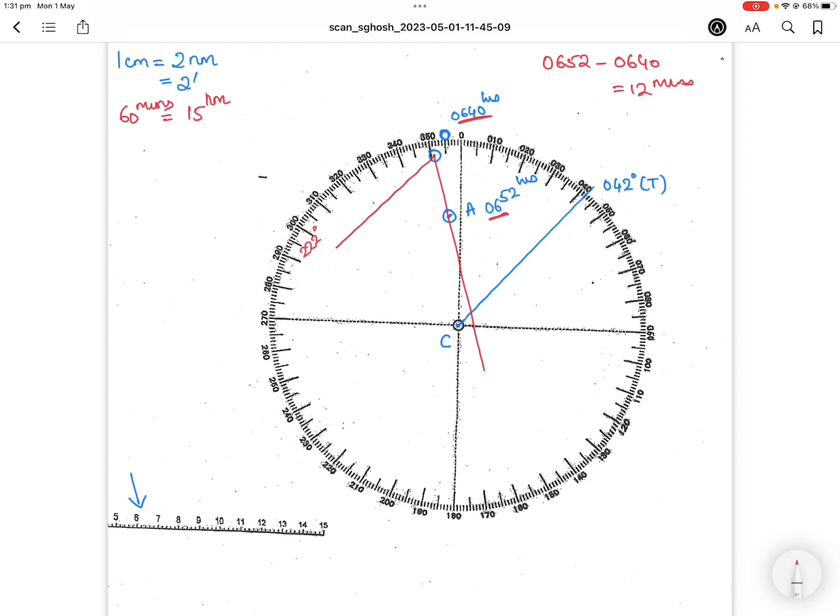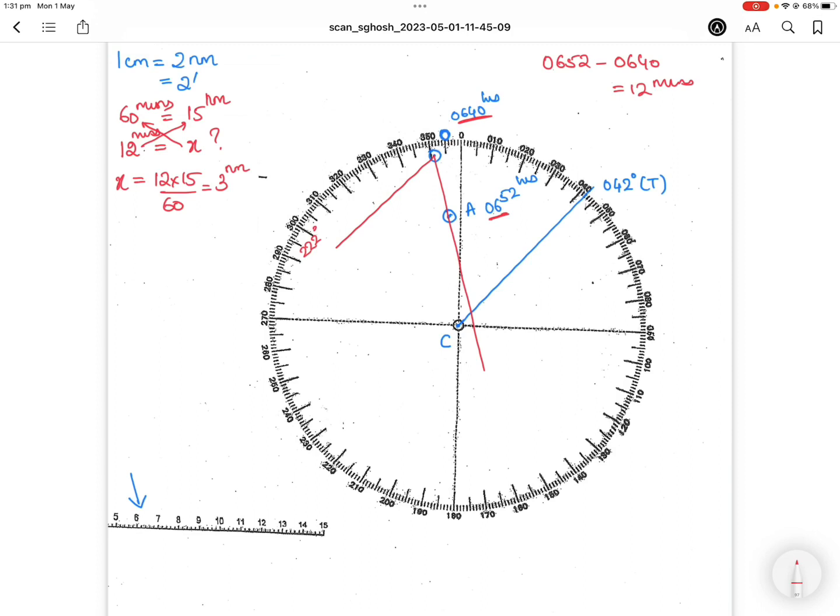So I want to know how much distance my vessel will cover in 12 minutes. In this case, you just do a cross multiplication. Your vessel will do 12 by 15 divided by 60, which is nothing but 3 nautical miles. So your vessel will cover 3 nautical miles in 12 minutes.